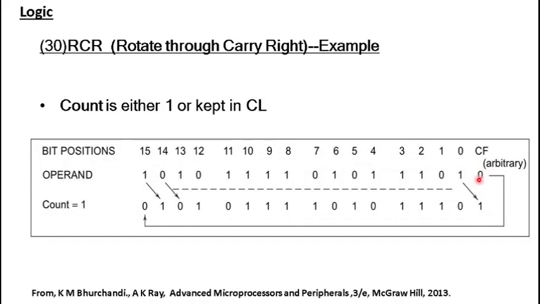The bit shifted out from the LSB will be taking up its place in carry flag, and the bit which was already there in carry flag, that is the bit 0, will be used to fill up the vacant position in MSB. So it is like carry flag acting as an intermediate holder, and whatever was there in carry flag will be taken out and will be kept in the vacant position.